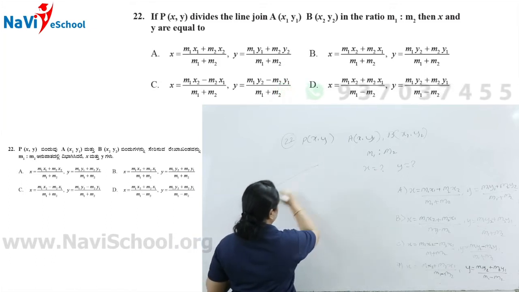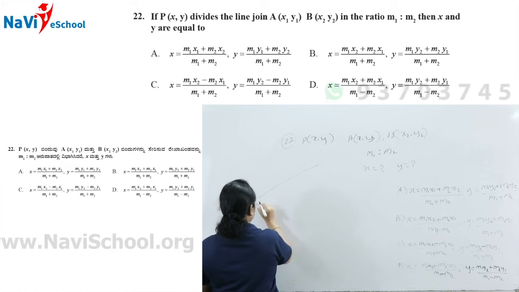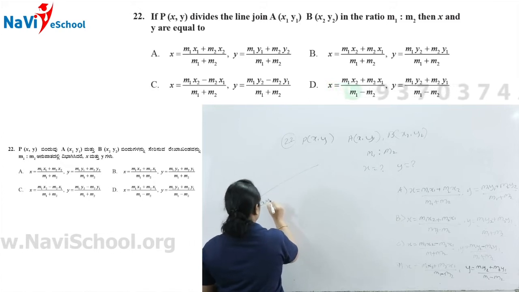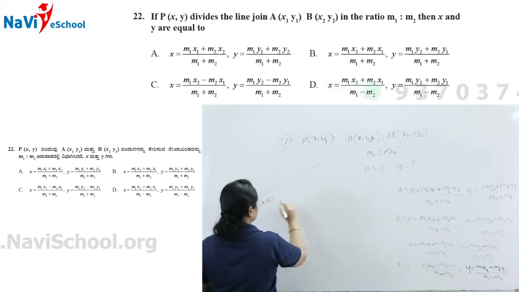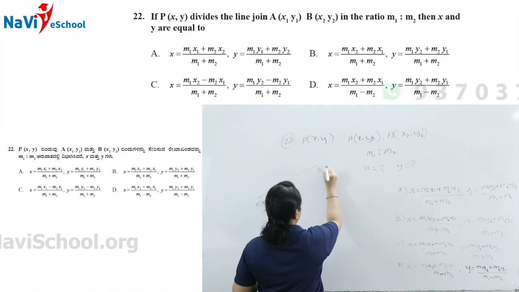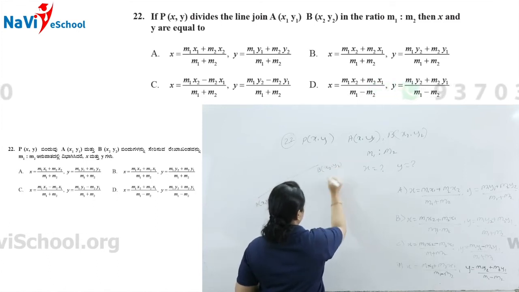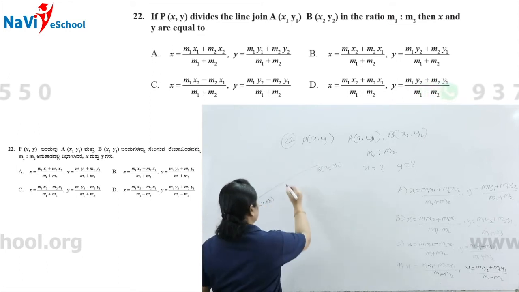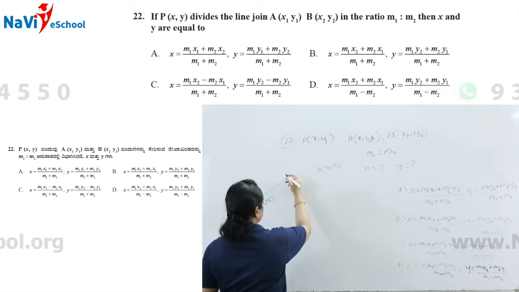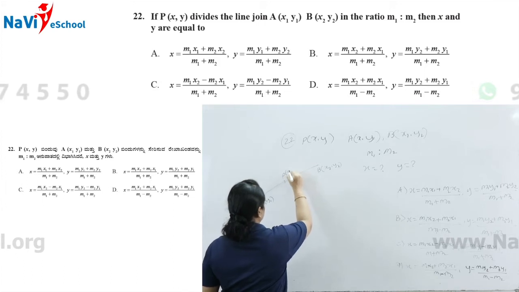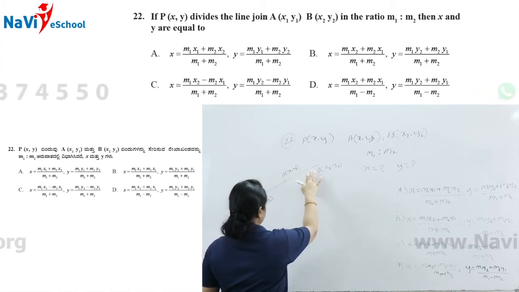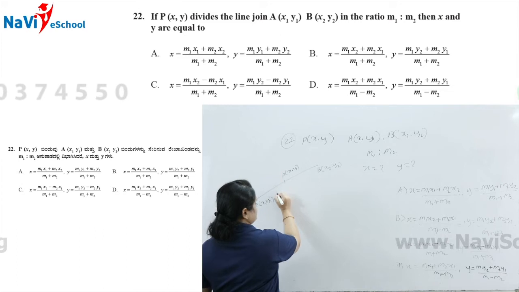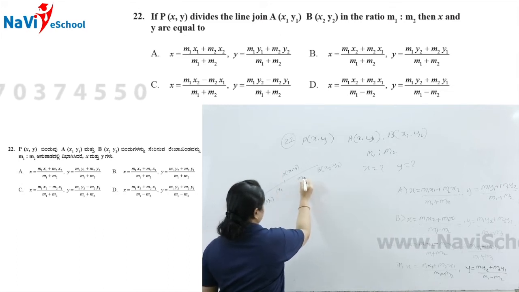Think that this is a line A (x1, y1), B (x2, y2), and this P(x, y) is going to divide this line in the ratio m1 is to m2.